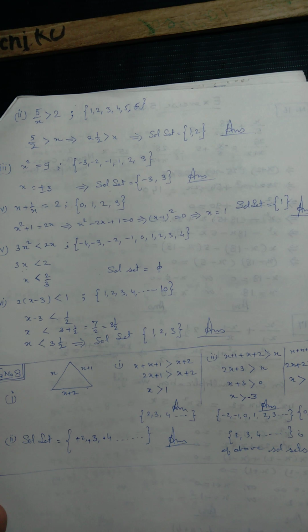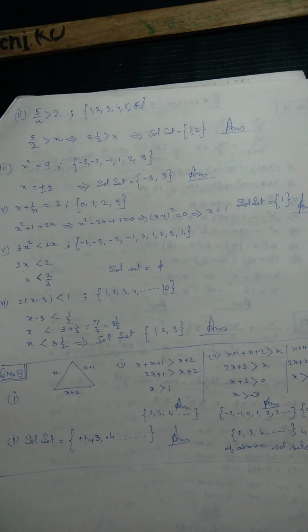Now proceed to question number 8. The sum of the length of any two sides of a triangle is always greater than the length of its third side. Let x, x plus 1, x plus 2 be the lengths of the three sides of the triangle.